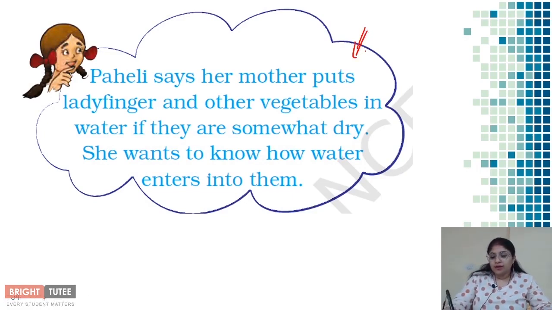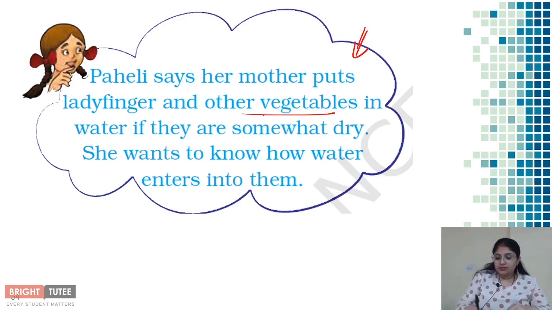This is quite an interesting question, about which you are going to study in detail. For now, it's important for you to understand that all of these vegetables have skin that is permeable to water. So when the vegetable is dry, the amount of water decreases in that vegetable.